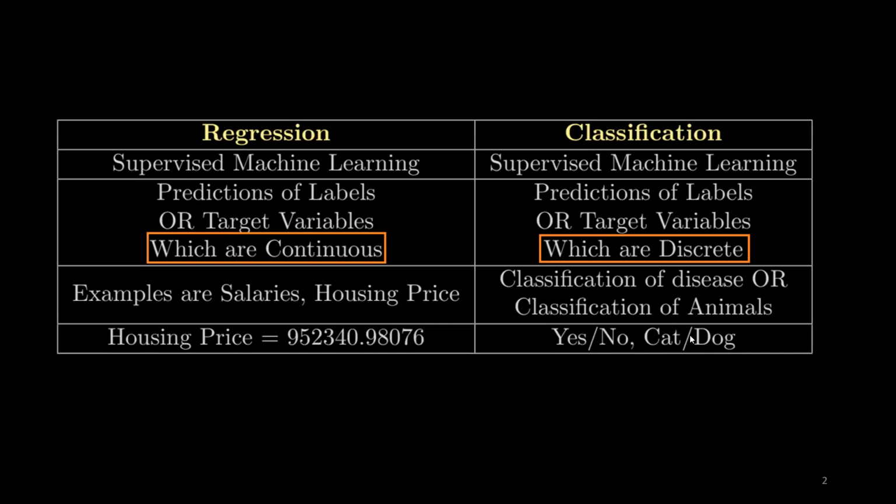So if our target variables are discrete, then we are going to perform classification, and if the target variables are continuous, then we will do regression. Both involve prediction. In one case, the prediction is about a continuous variable, and in the other, it is about a discrete variable.